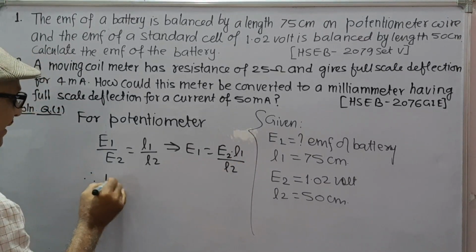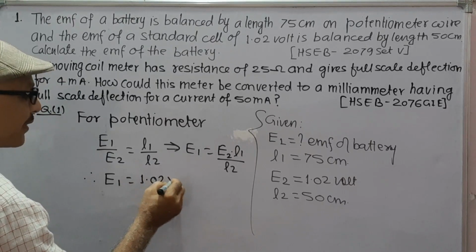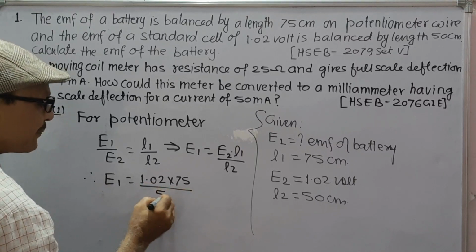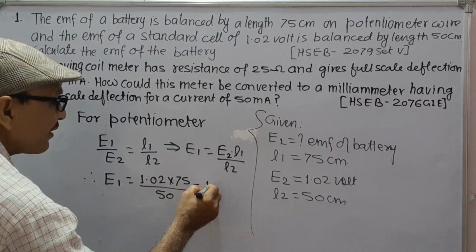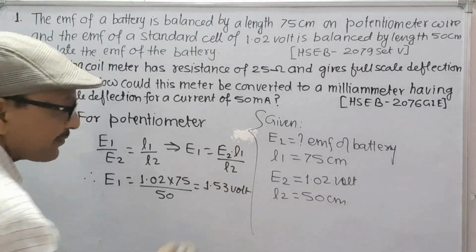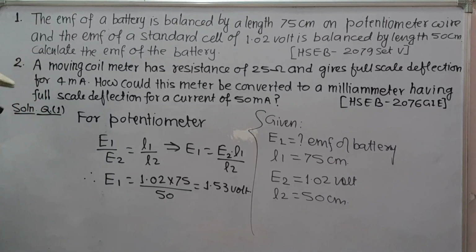Therefore, we get E1 is equal to 1.02 into 75 upon 50, which gives 1.53 volt. So, the EMF of battery will be 1.53 volt.